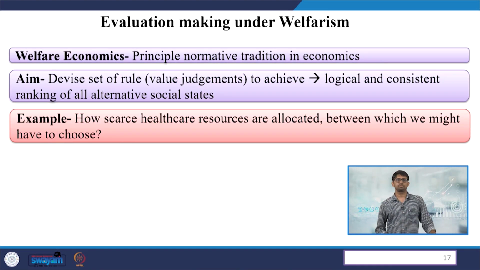Welfare economics is again based on the principles of normative traditions in economics. The objective is to devise a set of rules to achieve a logical and consistent ranking of all alternative social states. So, for example, how scarce healthcare resources are better allocated, between which we might have to choose.